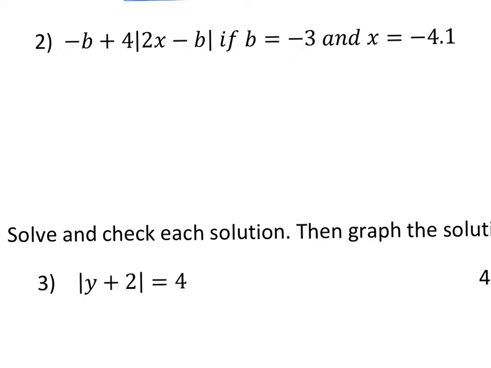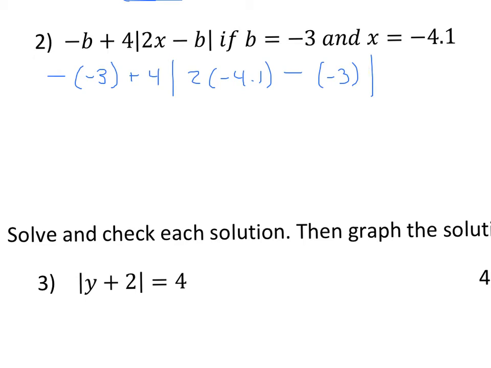All right, so as I start writing this, I've got the negative from the problem, and now I'm going to drop in the -3 plus 4 absolute value 2 times -4.1, because that's my x value, minus from the problem, and then I have -3 absolute value. All right, so now we're going to do inside our absolute value first, just like order of operations.